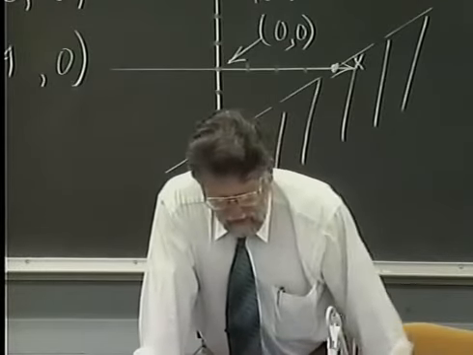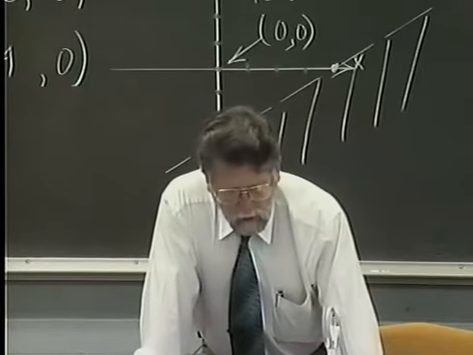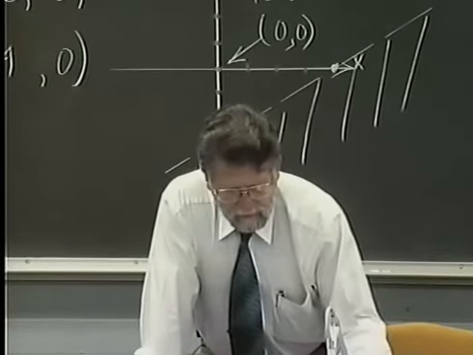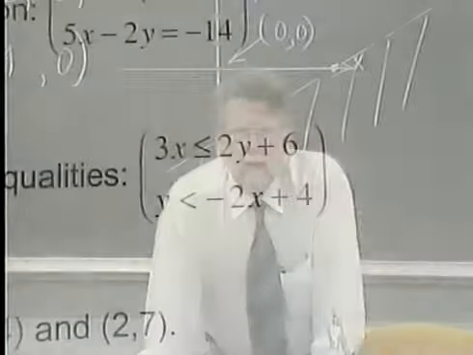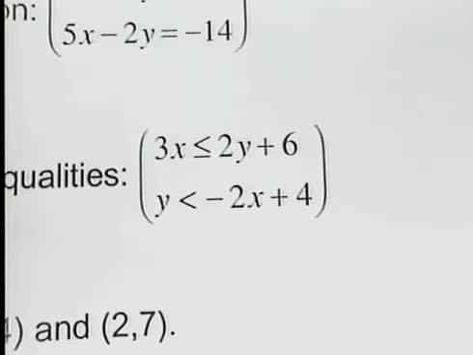Then we get to a system of inequalities. Okay, here's my inequalities. Now the first thing we had to do is note that the first line is solid because it has a less than or equal. The second line has to be dashed because it is less than.